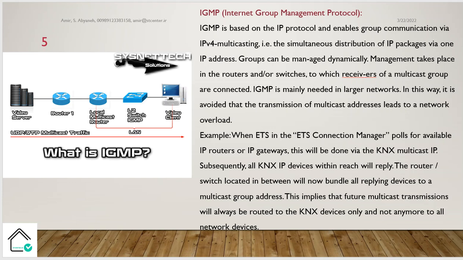The router or switch located in between will now bundle all replying devices into a multicast group address. This implies that future multicast transmissions will always be routed to the KNX devices only and not anymore to all network devices. So it polls the available IP routers and gateways and communicates with them.